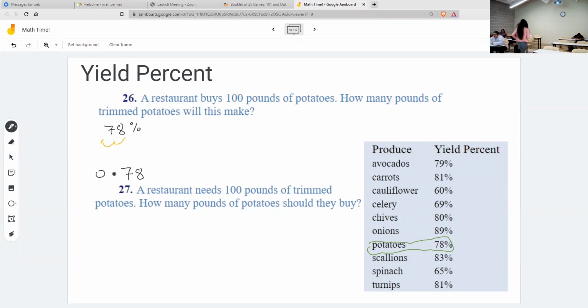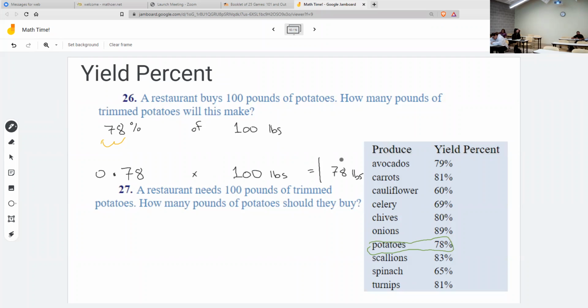So when I have 0.78, the word "of" in math turns into multiply. If I want 78% of something, that's going to be a multiply. And 78% of what? It's going to be 100 pounds. And if I do that, I'm actually going to just get 78.